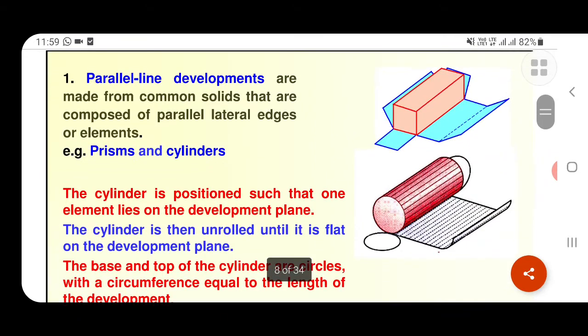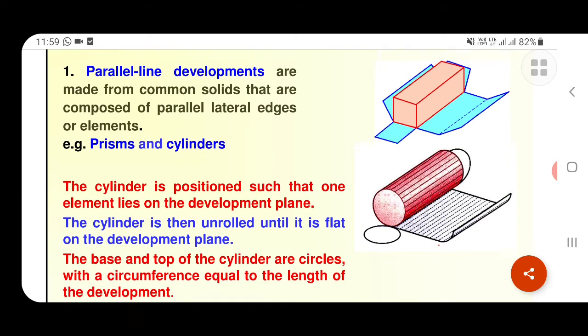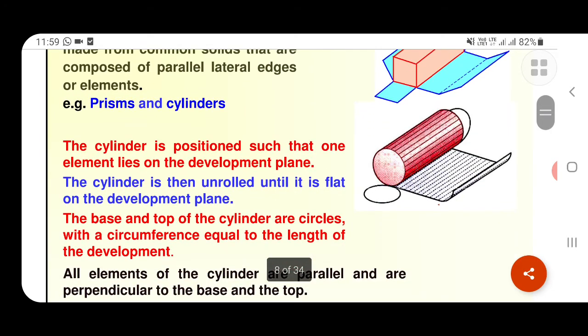How to show the parallel line developments? They are made for common sides that compose parallel edges of elements, which is shown in the figure. The best examples are the prism and cylinder. The cylinder is positioned such that one element lies on the development plane when the cylinder is unrolled onto the flat development plane.